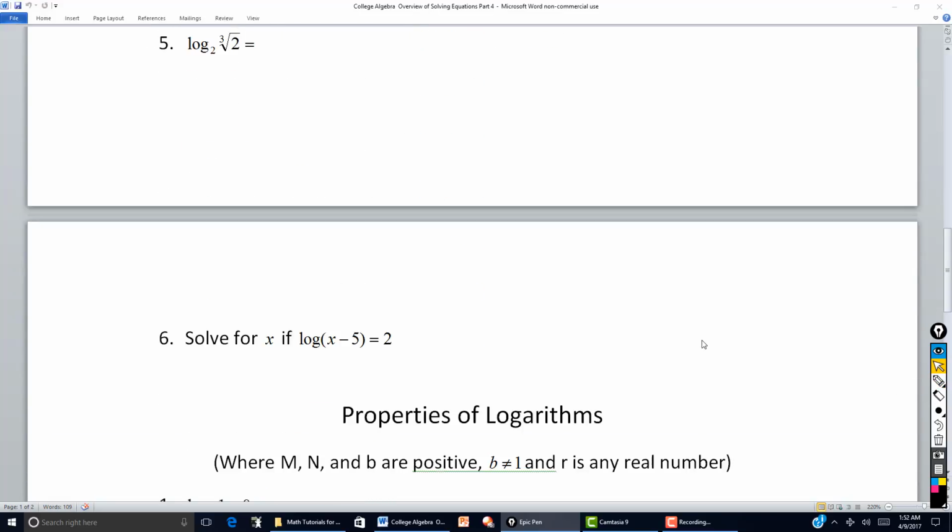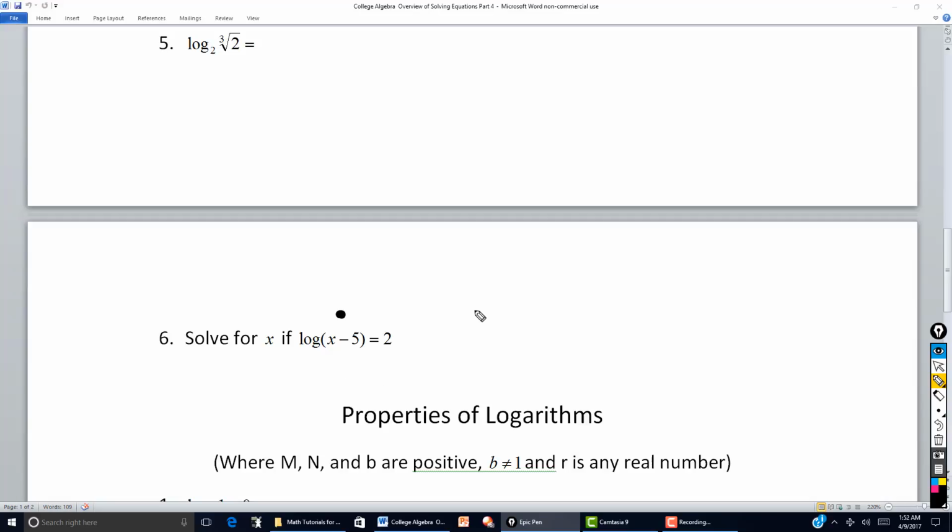Now the next one is a logarithmic equation. Very basic. Solve for x if log of x minus 5 is equal to 2. Remember, the base is not indicated, so it's base 10. Normally if you have a very basic log equation like this, a single log, we just go directly to the definition.